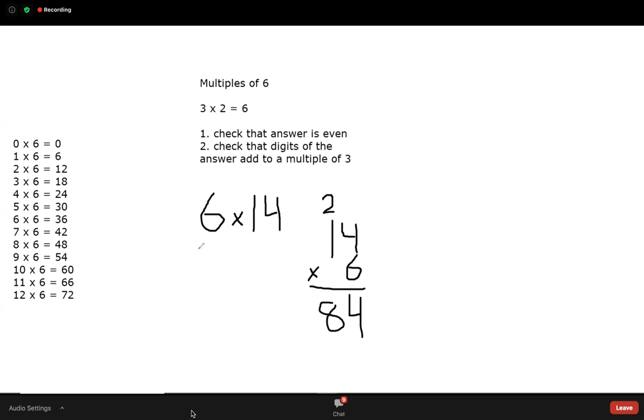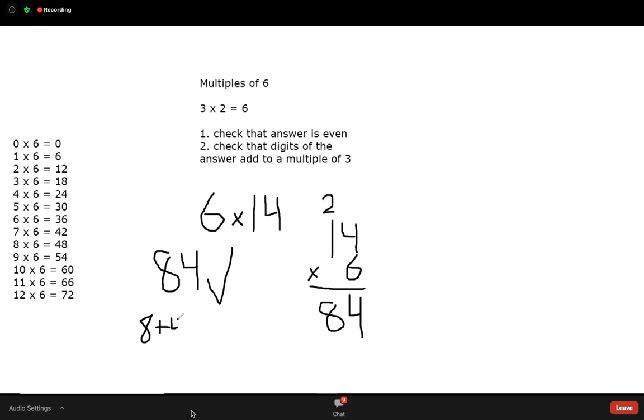And now we need to check 84. So we'll do the double check on 84. First of all, to check if it's even, we look at the last digit. 4 is an even number, so 84 is even, so it gets 1 check mark. And now we need to check it with the 3 check.